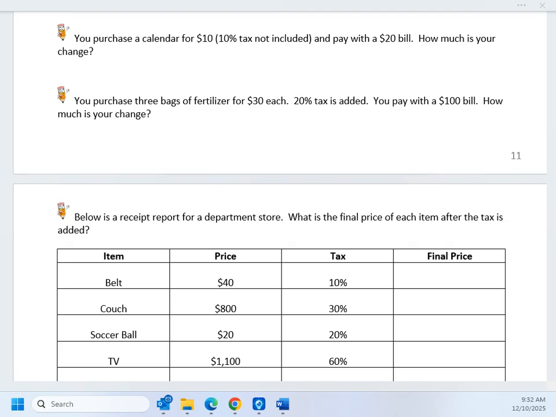And then figure out what your change will be. All right, who wants to volunteer to work me through how you found your new cost?